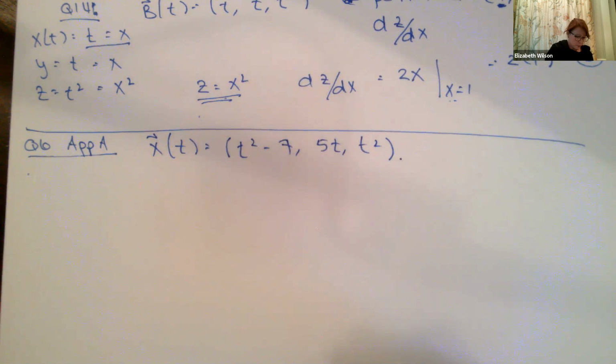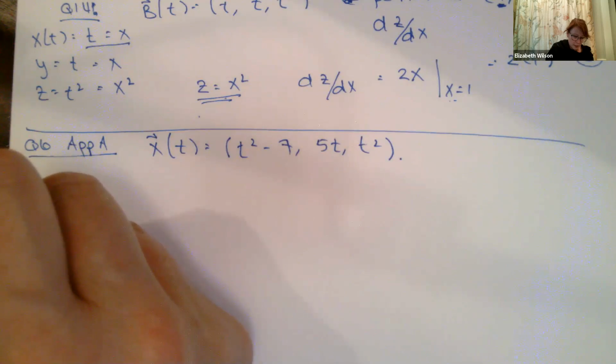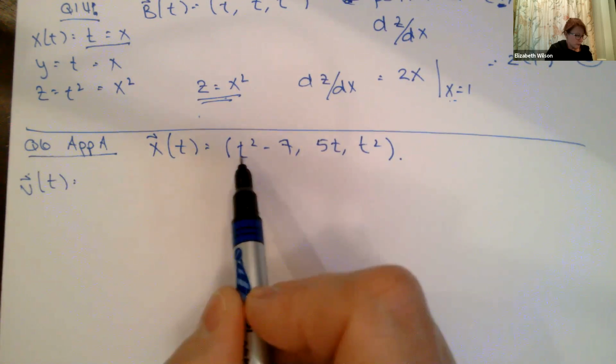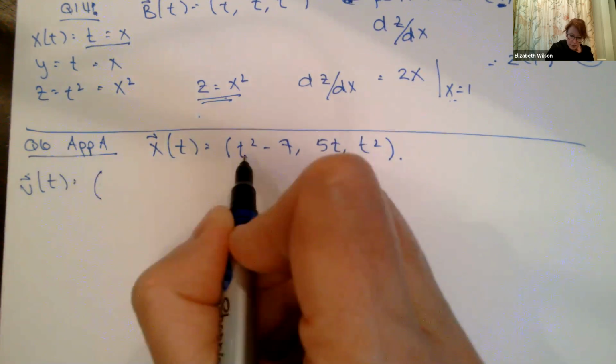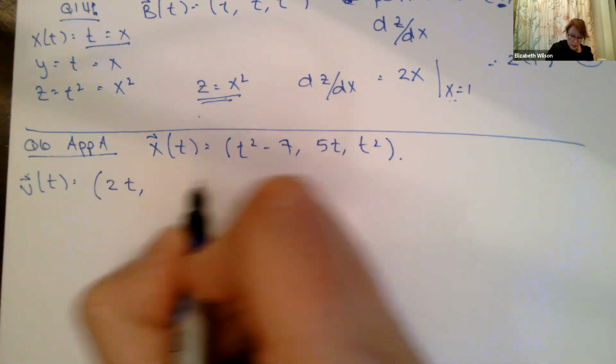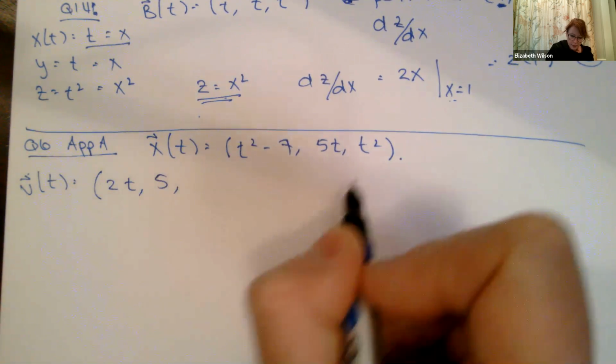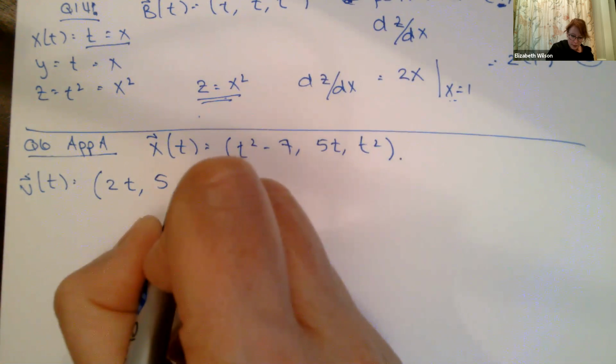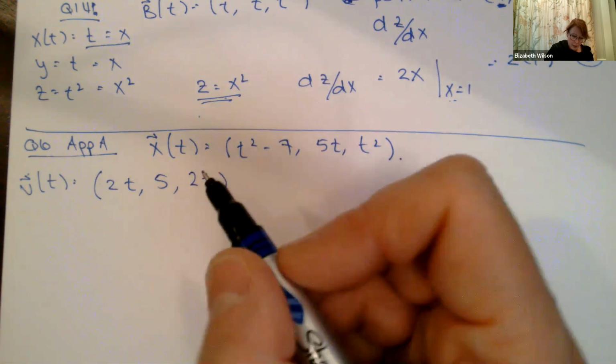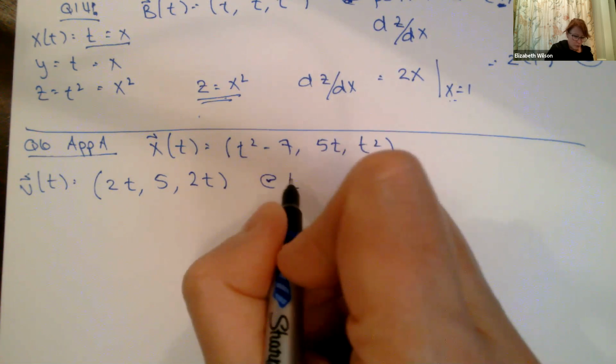And then our v of t, our velocity, is the derivative of each of these. So I take the derivative of my x, I get 2 times t. Take the derivative of my y, I get 5. Take the derivative of t squared, I get 2 times t. And then this is at t equals 2.